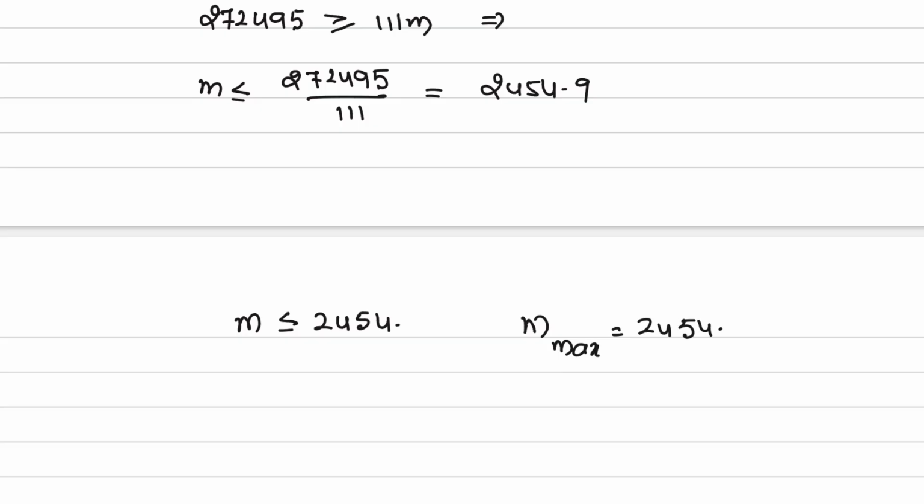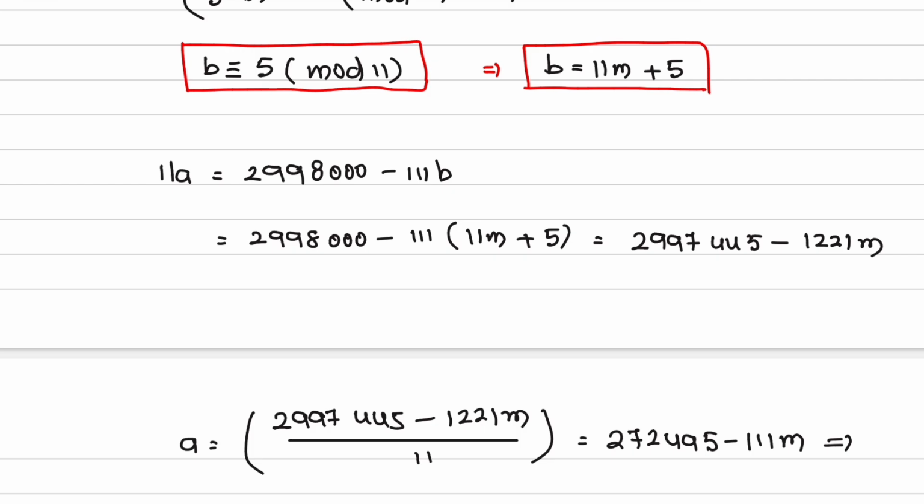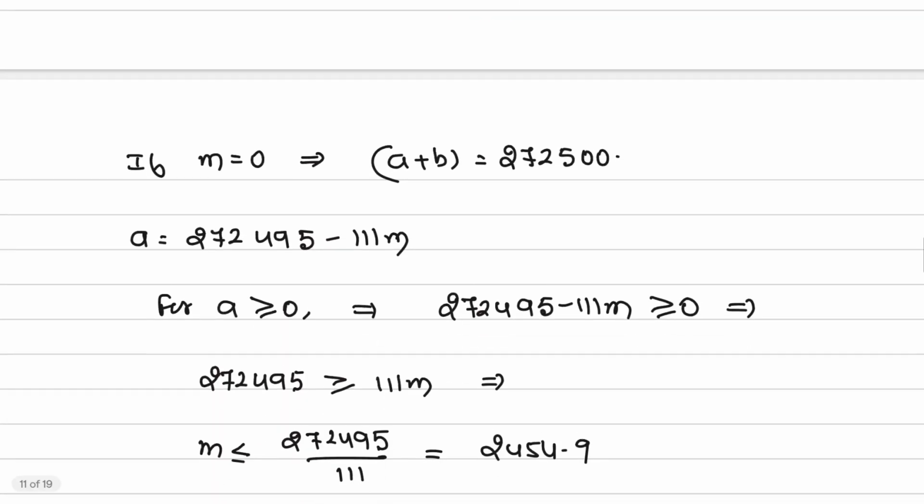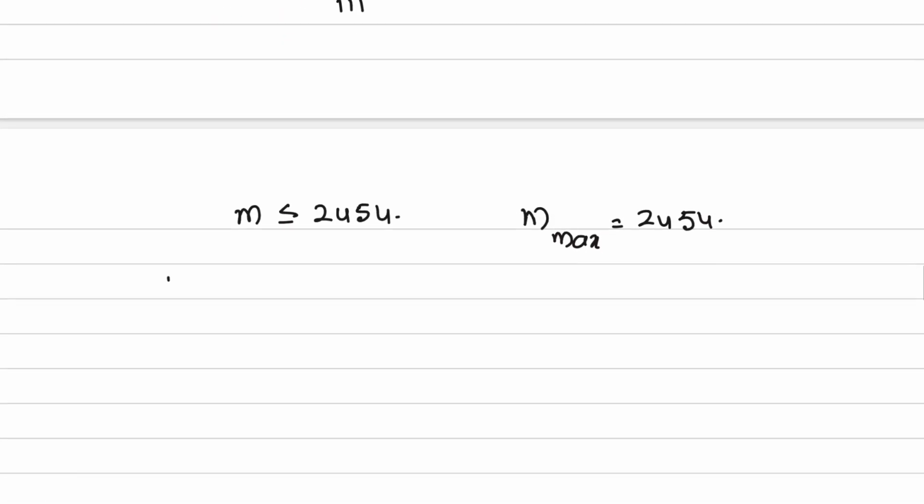M cannot be less than 0 because B is equal to 11m plus 5 should be greater than or equal to 0. That implies 11m should be greater than or equal to minus 5.